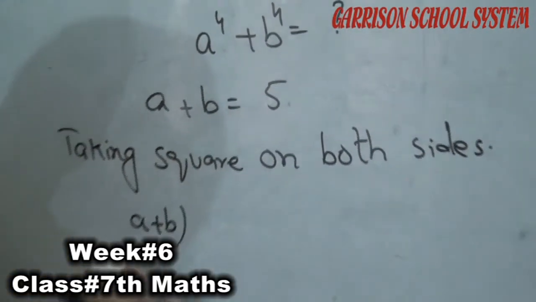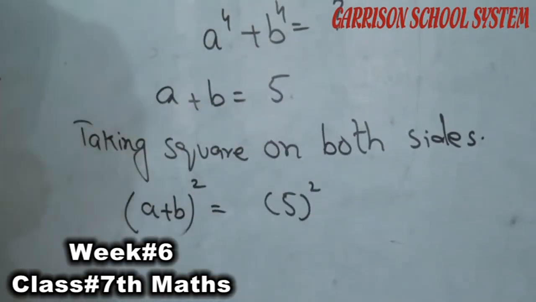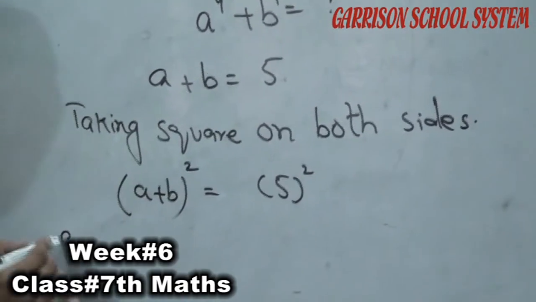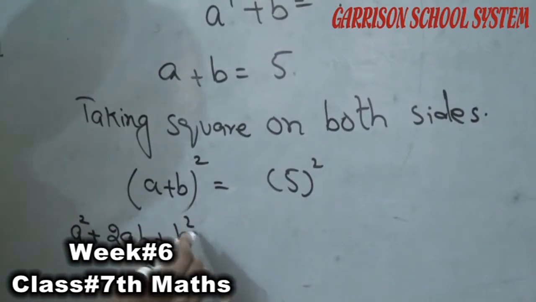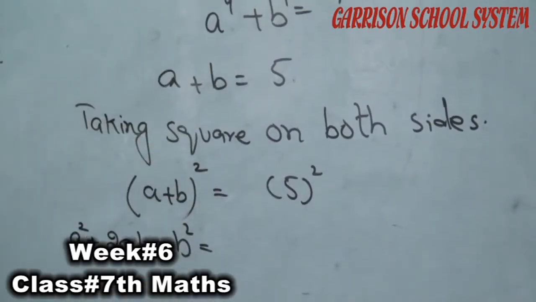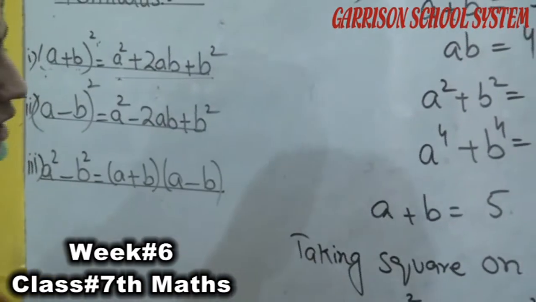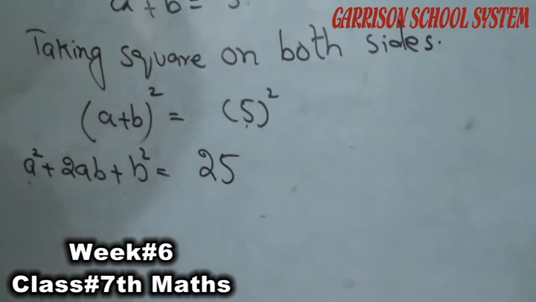A plus B whole square is equal to 5 whole square. According to this formula, A plus B whole square is equal to A square plus 2AB plus B square, and 5 square is equal to 25.